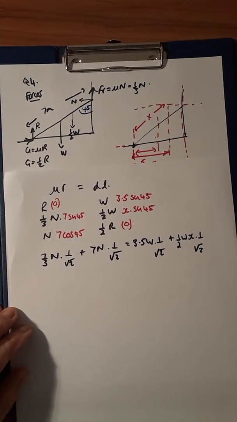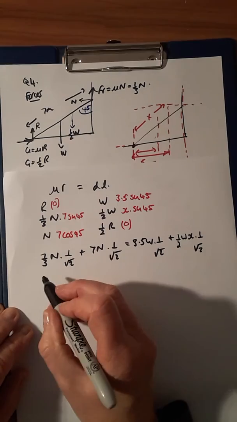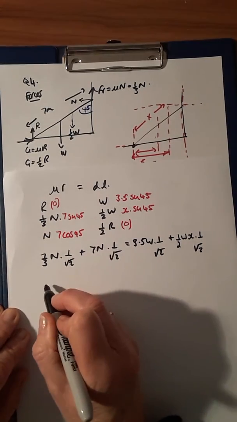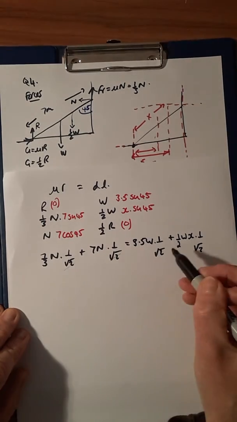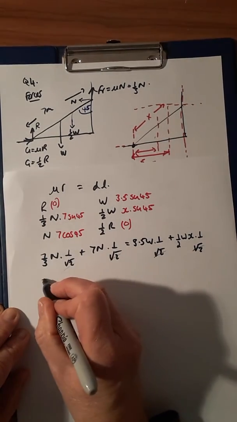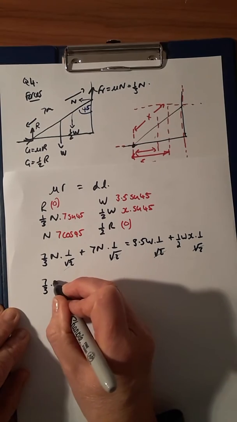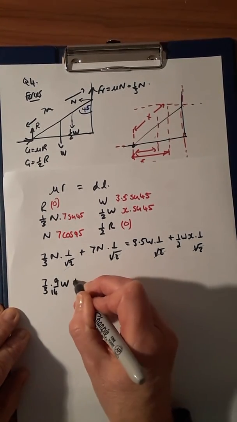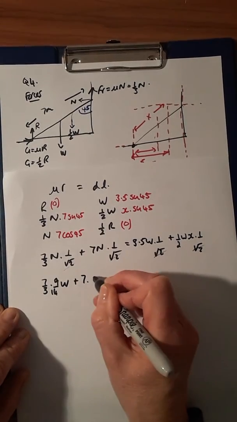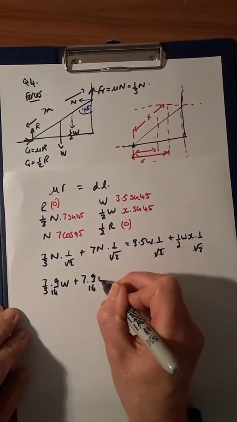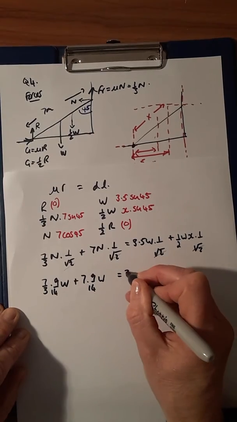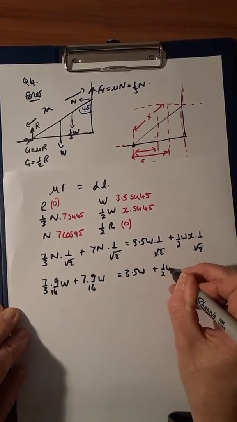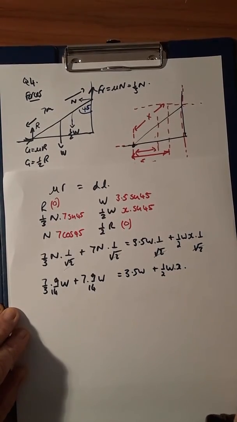Okay, I just continue working down here, start cancelling things out. We know what N is, remember, N is 9/14 W. So all those 1/√2s will cancel. I'll get rid of all of those. So 7/3 by N, which is 9/14 W, plus 7 times N, N is 9/14 W, is equal to 3.5 W plus a half W times X. Those W's will go all the way across.